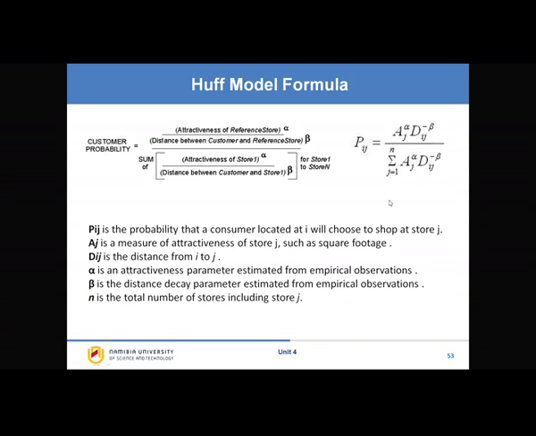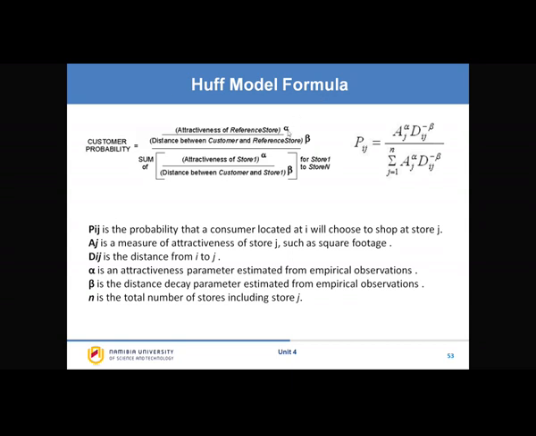So if we have 3 stores, for example, it will be the attractiveness of store 1 divided by the distance between the customer and that store, plus the attractiveness of store 2 divided by the distance between the customer and store number 2, plus the attractiveness of store number 3 divided by the distance between the customer and store number 3.